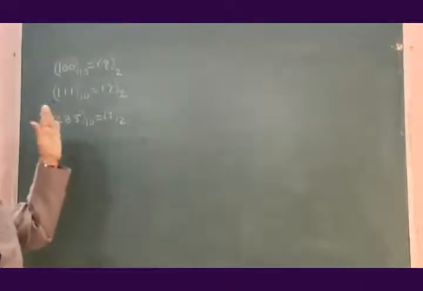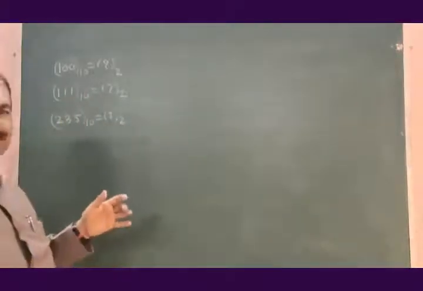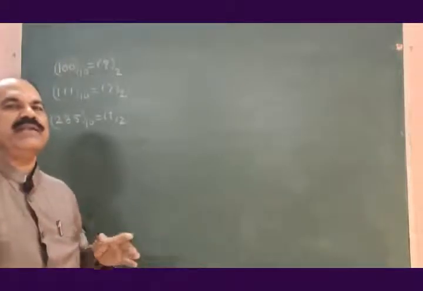Let us work out these examples and we will finish the discussion of conversion of decimal numbers to binary numbers using the double table method.